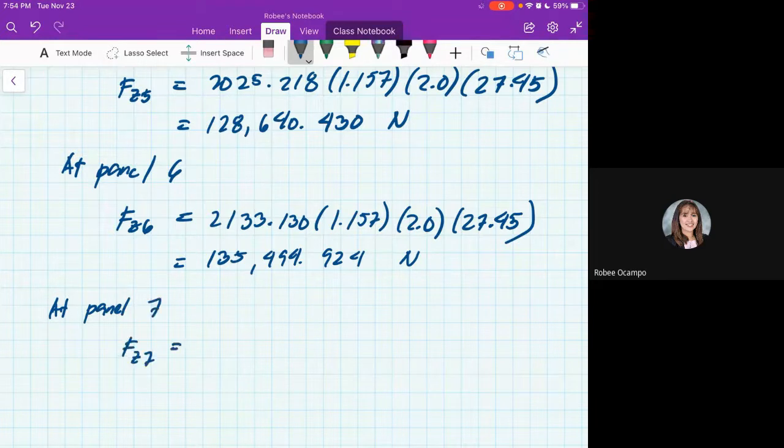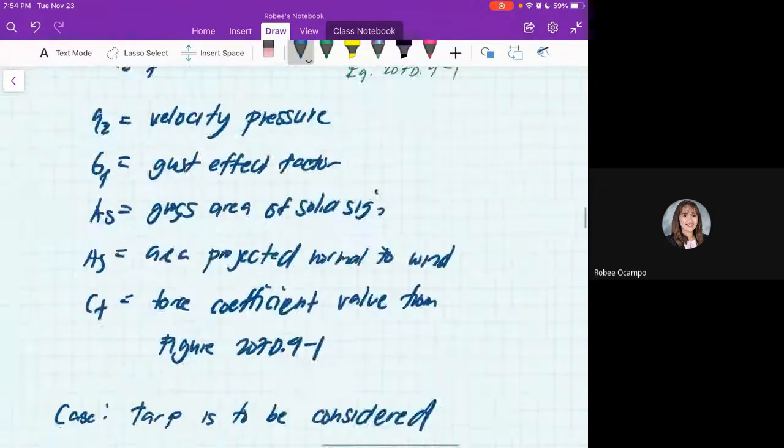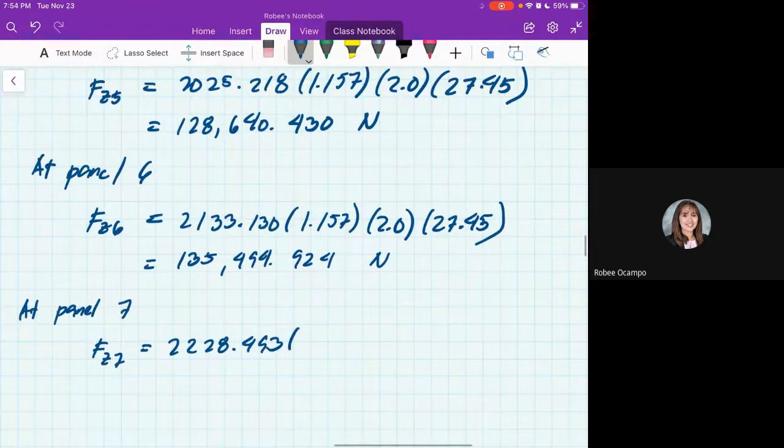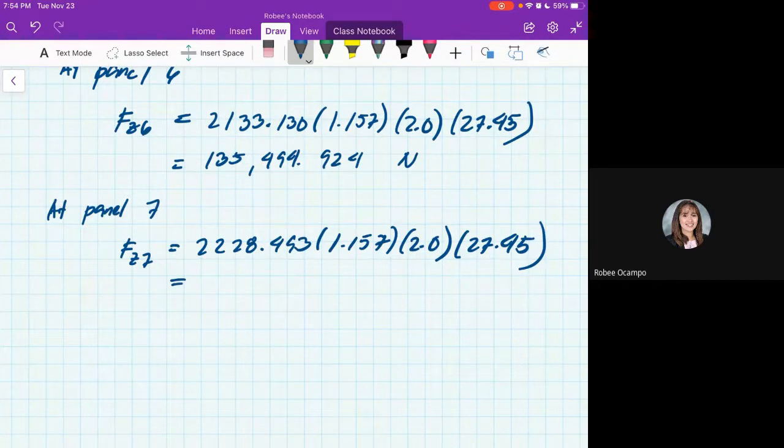Okay? At panel 7, FZ7 is 2,228.493 times 1.157 times 2.0 times 27.45. We have 141,552.315 Newton.